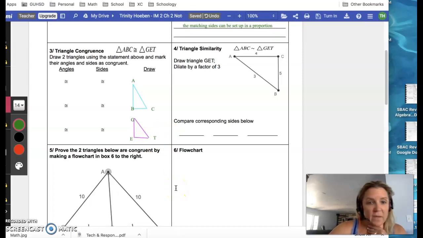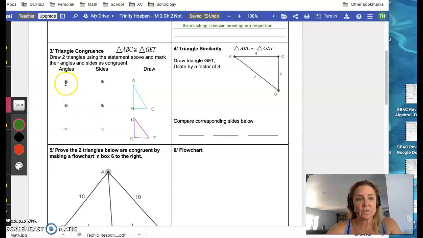They want us to mark their angles and sides as congruent. Because they've already put the congruent symbols in for us, we're just going to list which angles match up.